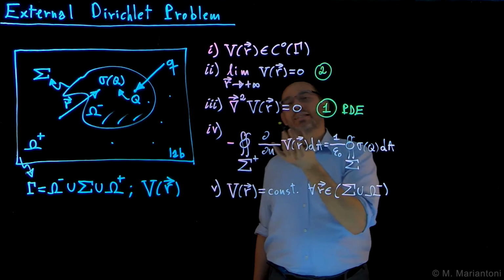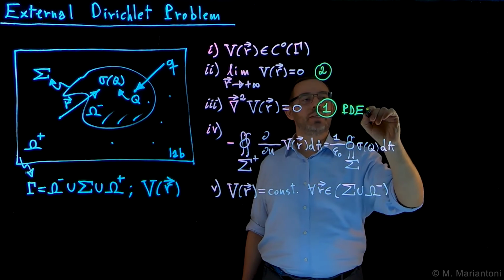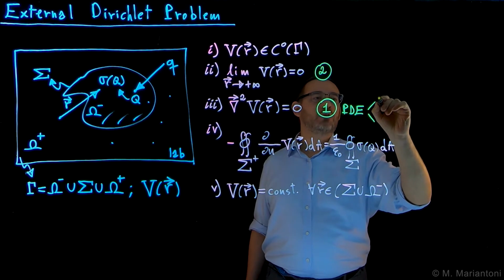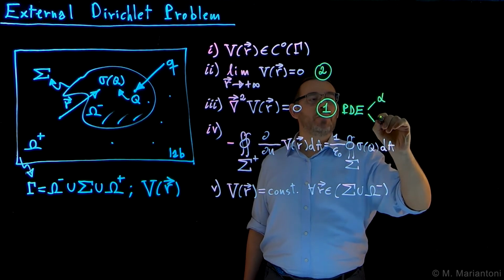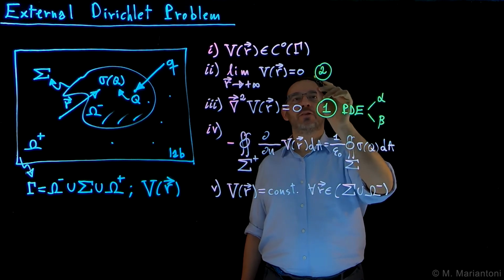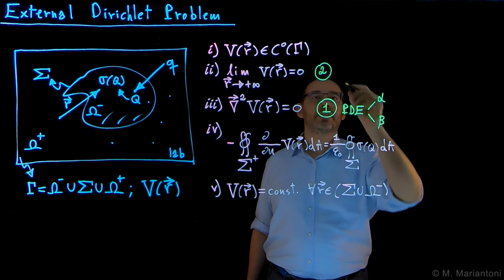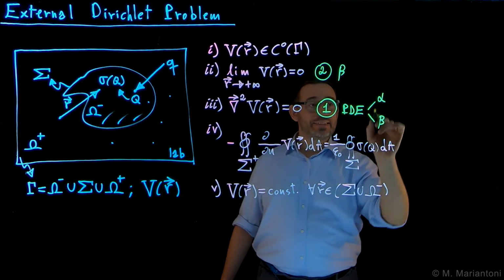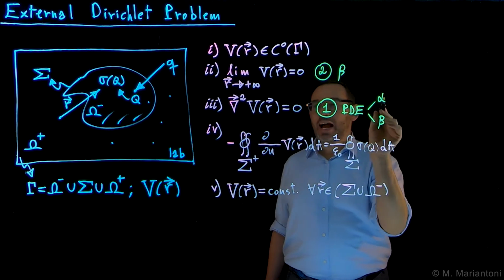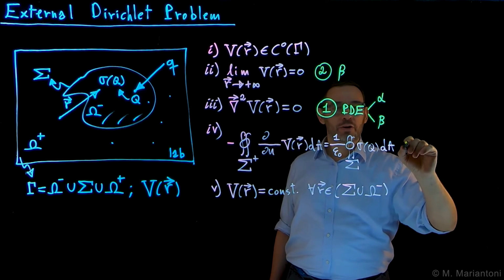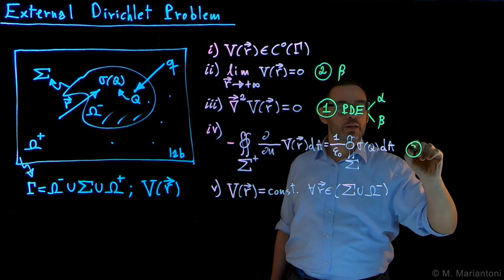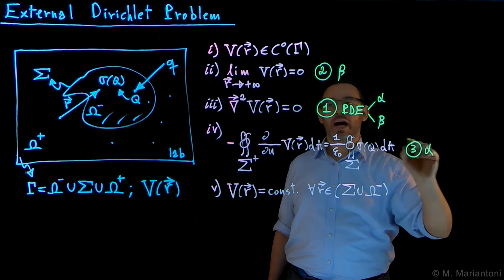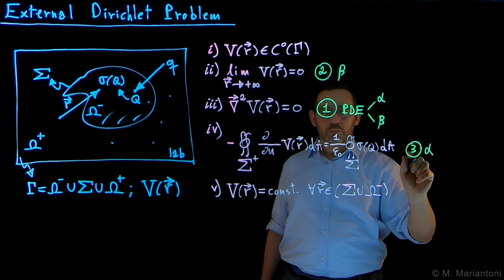Of course, here it's a second order differential equation, so this usually leads to two unknowns, alpha and beta. Typically, this condition allows you to find one of the two, let's say beta. So you solve one of the two and one is still left. The next step to find the other unknown is to use Coulomb's theorem down here. So this is step 3. This allows us to find the other unknown, alpha, of the two unknowns.